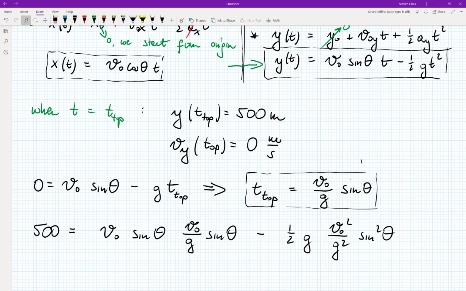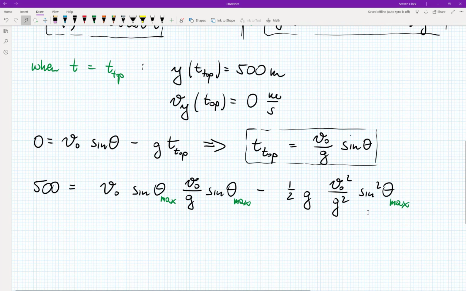It's almost a correct expression, I would accept that actually, but remember that at 500 we should have theta max. So 500 corresponds to theta max, so we also have to put theta max everywhere, I mean max in that subscript, because 500 is obtained for that angle, not for any other. Can we simplify that expression somehow?